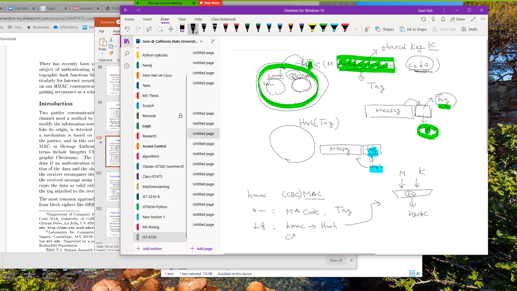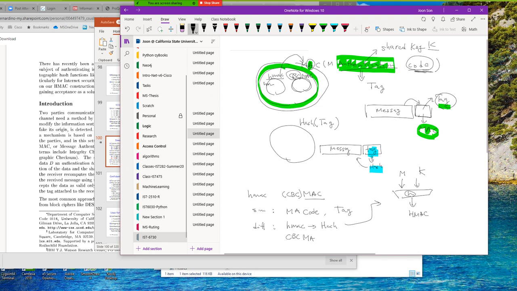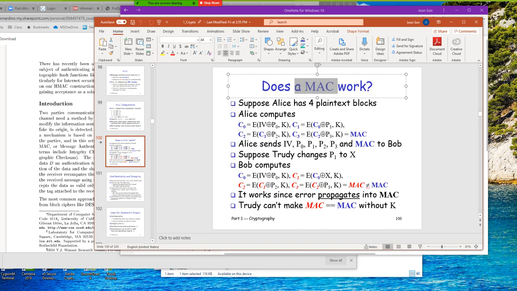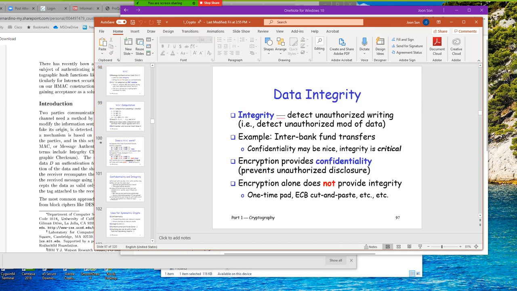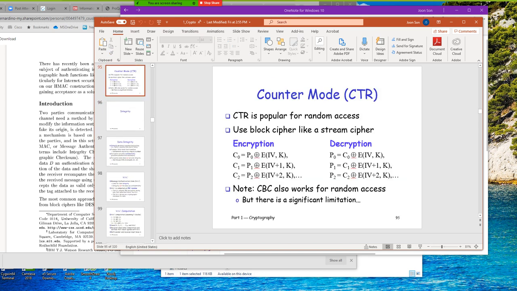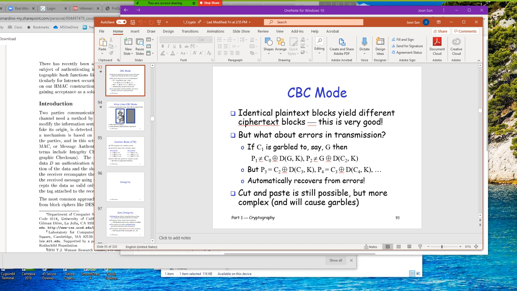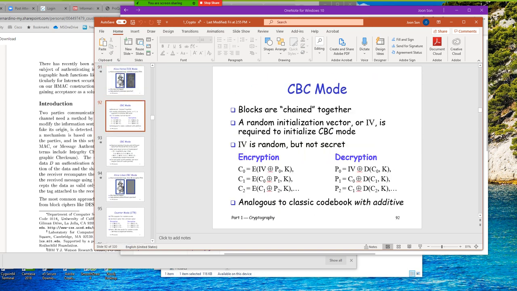But CBC MAC is using the CBC scheme. CBC means the CBC mode, the encryption mode, like symmetric encryption mode, right?